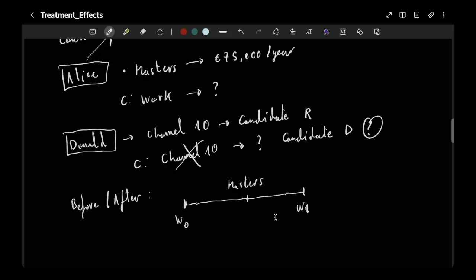Comparing Alice's wages at two different points in time is not the same as comparing across two parallel universes, one in which she went straight to work and another in which she did the master's in economics. Most people's income increases as they gain additional experience, for example.